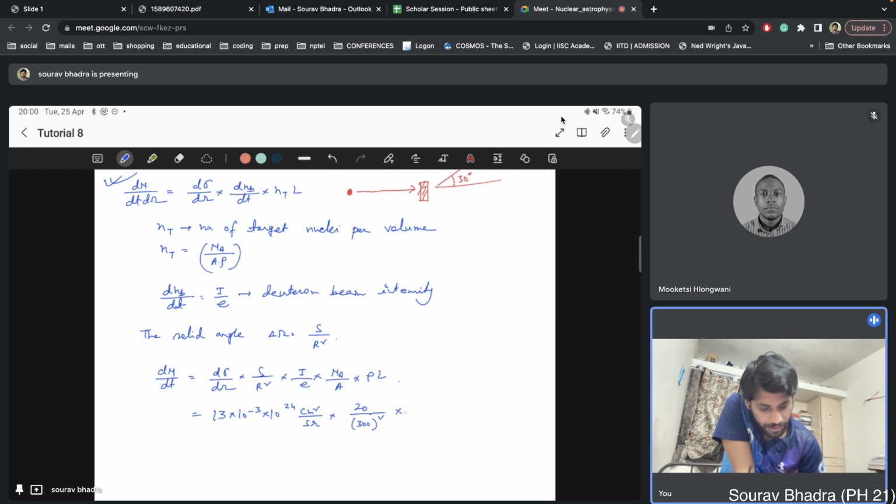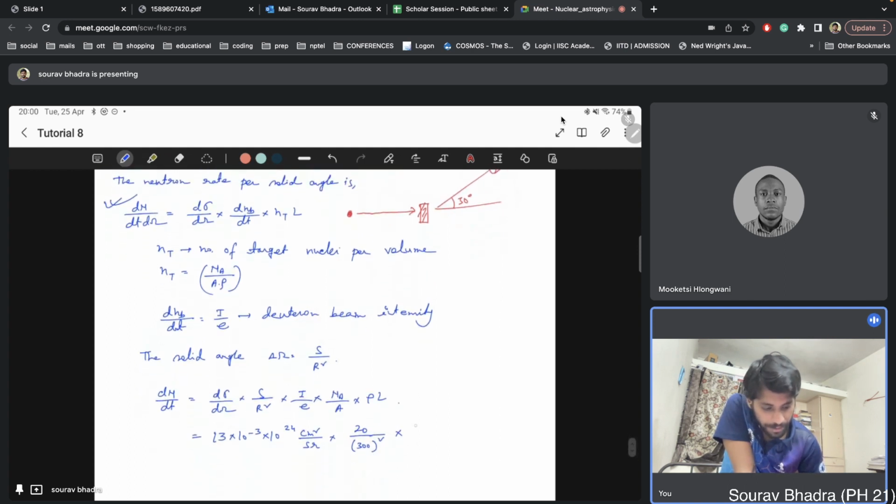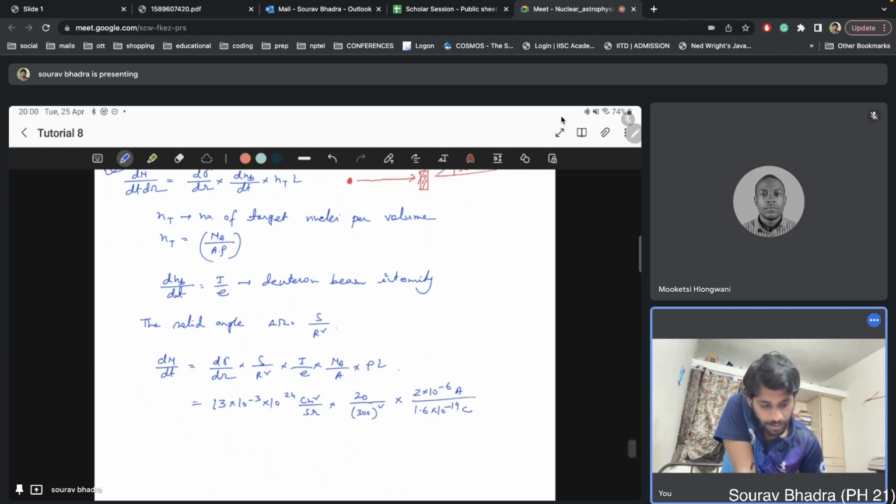So S by R square is there, current is 2 microampere, that means 2 into 10 to the power minus 6 ampere. And e is 1.6 into 10 to the power minus 19 coulomb, the charge of an electron. N_A is 6.023 into 10 to the power 23 divided by A, which is 3, and rho L is 0.2 into 10 to the power minus 3.